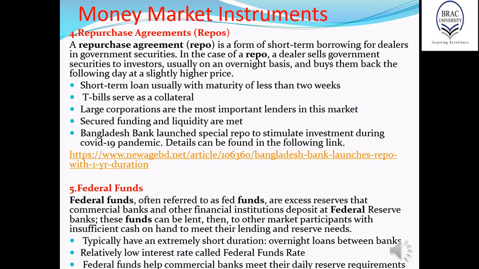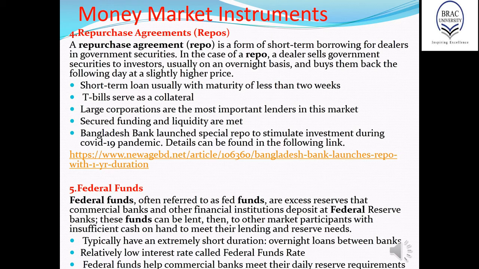These federal funds are basically funds that are available in the private banks in terms of government security. So, as per the central bank's regulation, in Bangladesh, each and every private bank needs to hold a certain amount of reserve with the central bank. And these reserves, as you know, I'm sure, are known as required reserves.